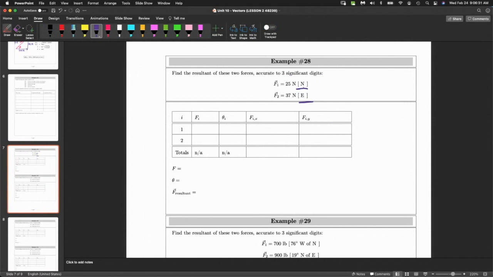And I think you would agree with me that that's very easy to do. You can just draw east like that, and then you can draw north, or vice versa. It doesn't matter which one you draw first. And then there's your answer. There's the resulting vector.